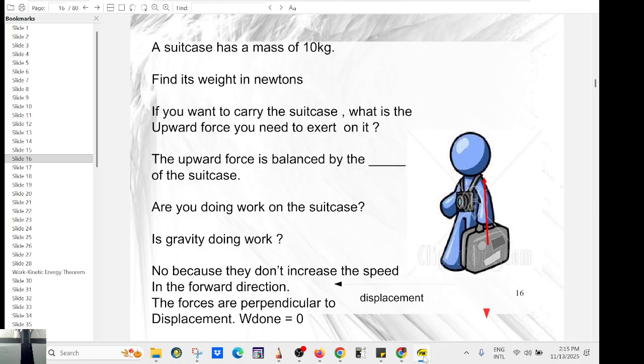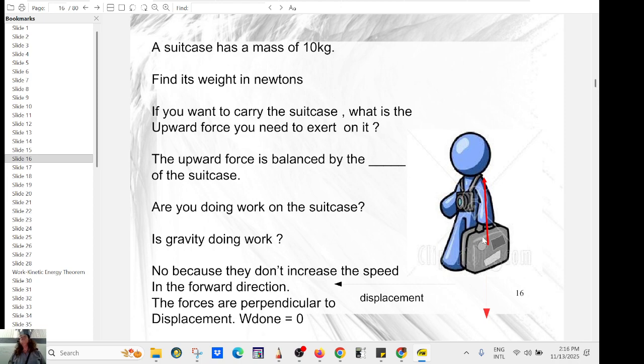For work to be done, the force has to be parallel to the distance. So if I do this, yes, I'm pulling it forward. In the drawing, the force here is perpendicular to the displacement. The dummy is moving forward, but the force is perpendicular to the displacement, so there is no work done because the force does not help going faster or slower.